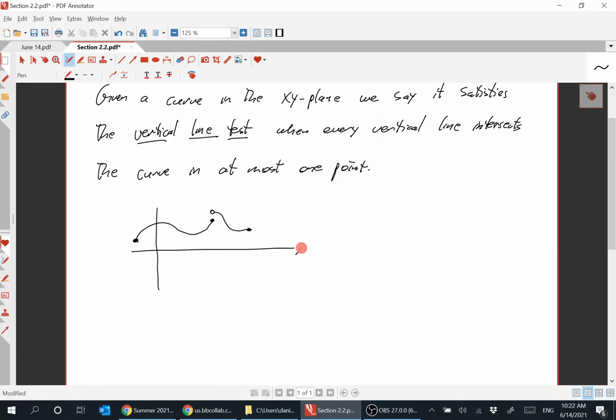So this curve, and this is the x-axis, this is the y-axis again, this passes the vertical line test. Right, so this vertical line intersects once. This vertical line over here intersects not at all.